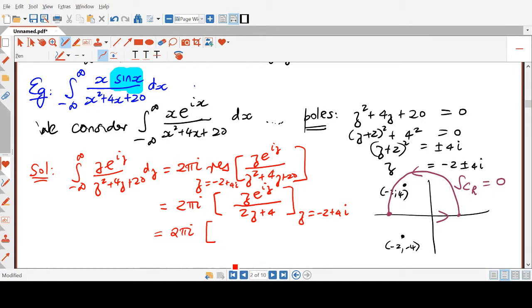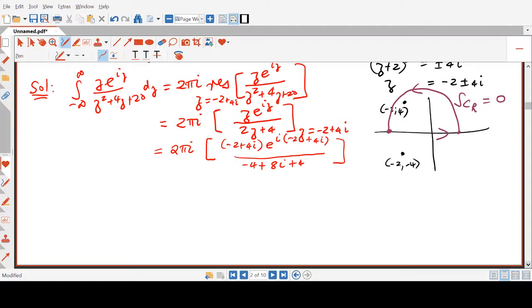times z will be minus 2 plus 4i, e to the i z, that is i times minus 2 plus 4i, all upon 2z, which will be minus 4 plus 8i plus 4. I'm just doing the substitutions now. Let's leave the minus 2 plus 4i as it is.